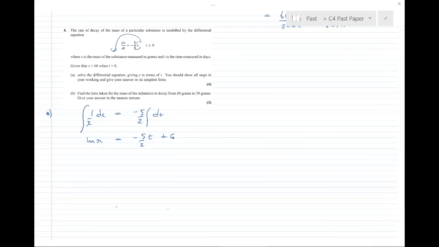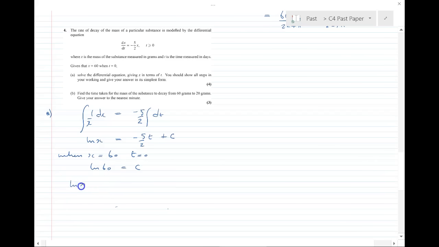Now, we don't really want to see a modulus sign here, by the way, because we know x is positive, so leave that out. And then we're told when x equals 60, t equals 0. So that gives me ln 60 is equal to c. So I can now go back and put that back in.